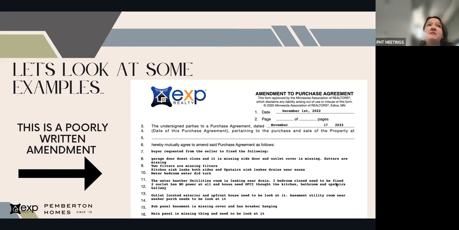So like I said, this was real life, actually me and this agent were way up north at her cabin and she got this and I was like, oh my gosh. So we could have had the seller sign this, right? And like, could have argued you had no call to action on this thing. Like, are you just informing me of what, I don't even really know what you're informing me of because this is so poorly written.